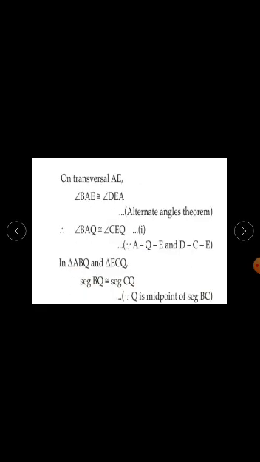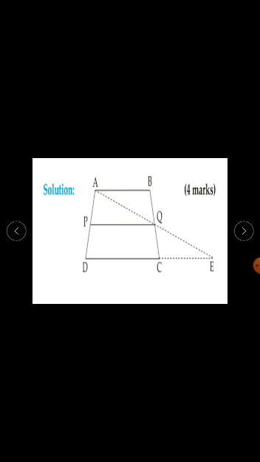Now in triangle ADE, see this triangle. In triangle ADE, P is the midpoint of AD. It is given. Q is the midpoint of AE because AQ is equal to QE from equation 3.